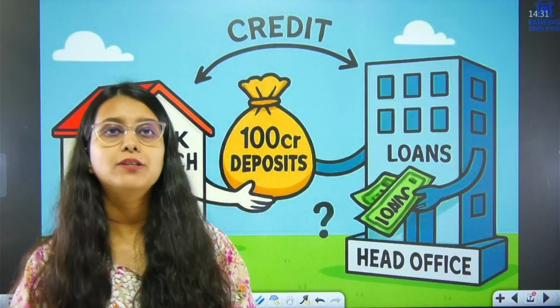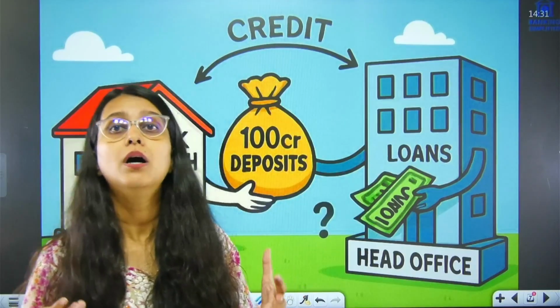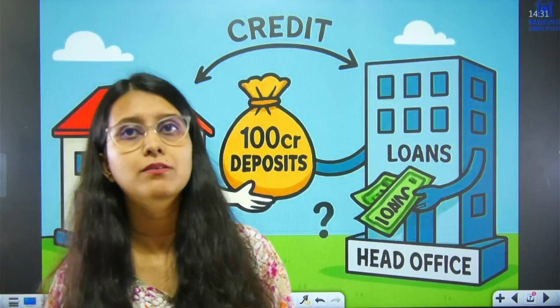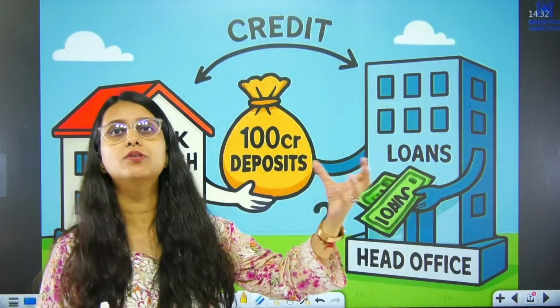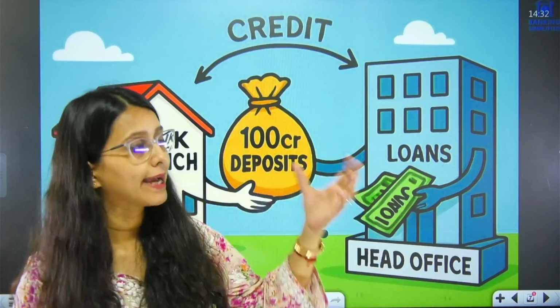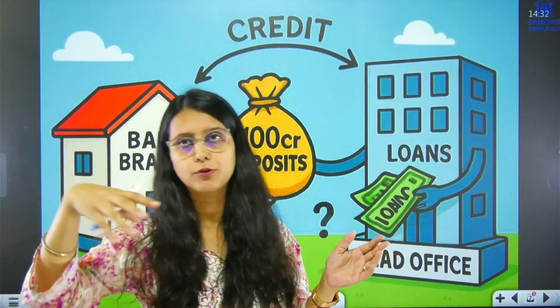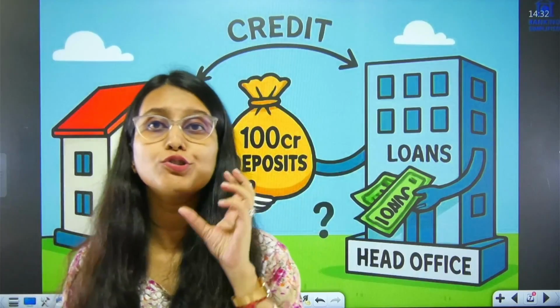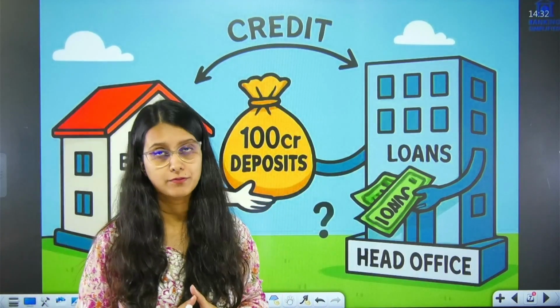So if your branch is able to get deposits for the bank, let's assume that to be 100 crores. Now you take those deposits, you give it to the head office. Now the head office is going to lend it out to someone and make profits. So now who should get credit for that 100 crores which has been raised for the bank?